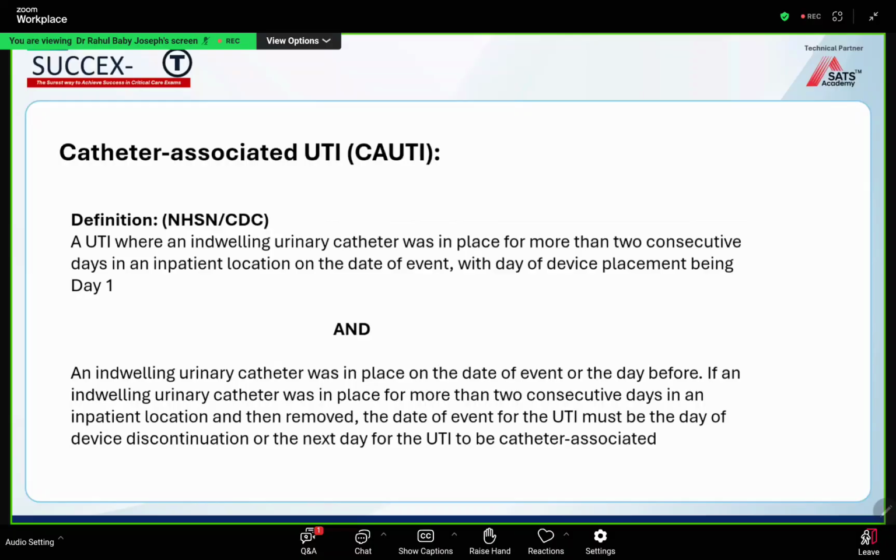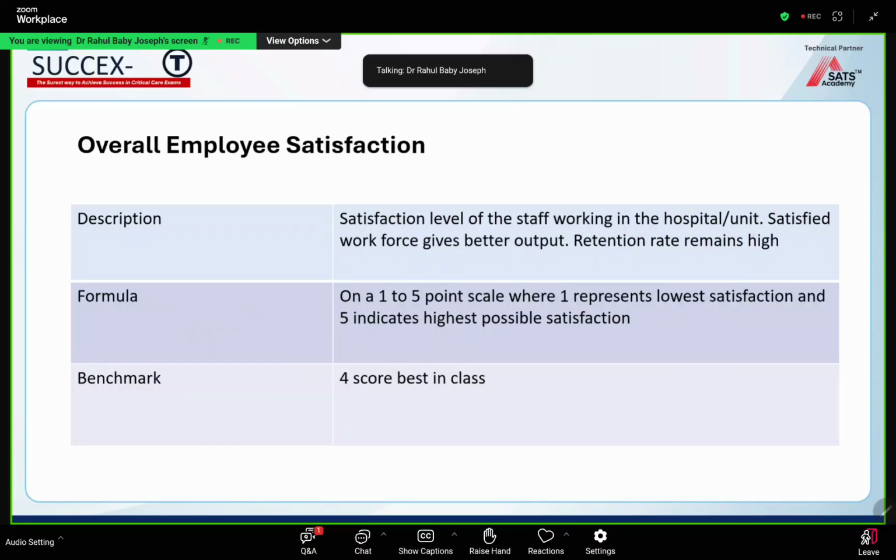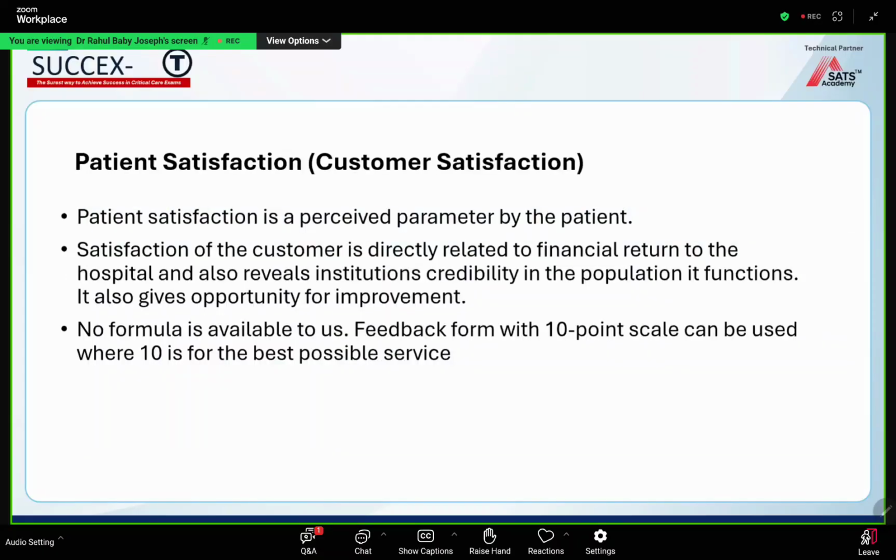Next is your catheter related UTI. Know the definition. The formula is the same: number of UTIs divided by the number of catheter days. The benchmark for medical ICU is around 4.1. And we have two other quality indicators, which include your overall employee satisfaction and your patient satisfaction.